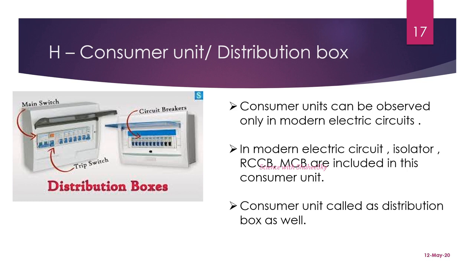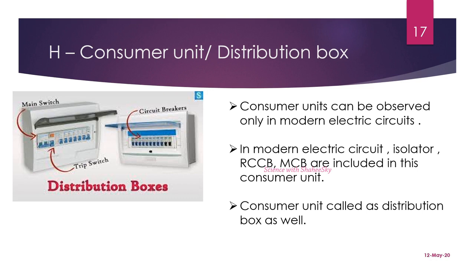The main switch, circuit breaker and MCBs are all in the distribution box. So consumer units can be observed only in modern circuits. In modern circuits, the isolator, RCCB and MCB are included in here. The consumer unit is called a distribution box as well.